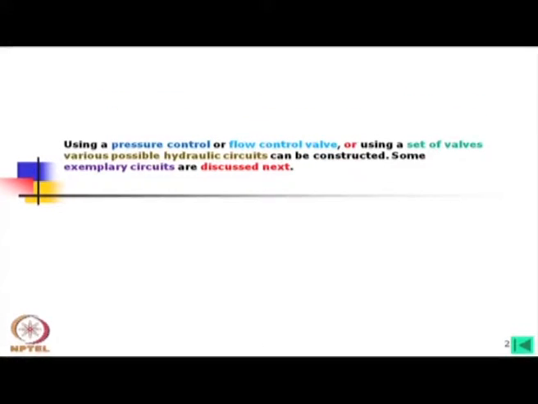Some exemplary circuits also will be discussed next. Actually, we can make various circuits. In fact, whatever work we would like to do, we have to select the valves and place them at the proper location to achieve the performance.